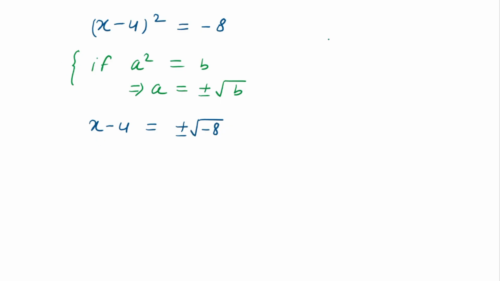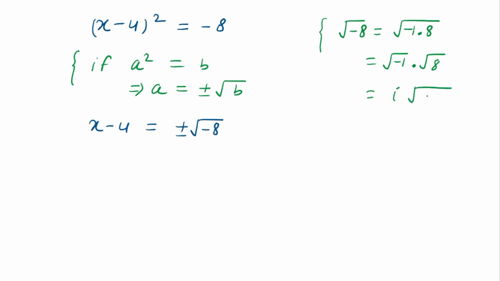Then we know that square root of minus 8 is the same as square root of minus 1 into 8, and this is the same as square root of minus 1 into square root of 8. And we know that the value of square root of minus 1 is iota, and square root of 8 is the same as square root of 4 into 2. And this expression is the same as square root of 4 into square root of 2 iota, and the value of square root of 4 is 2, and here is square root of 2 times iota.